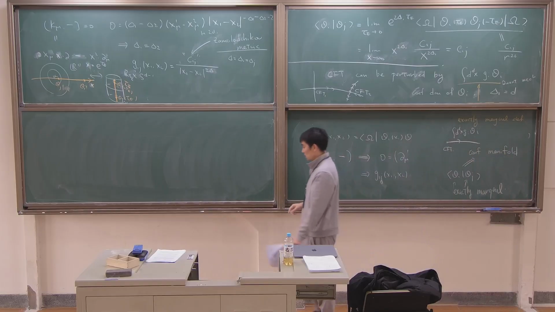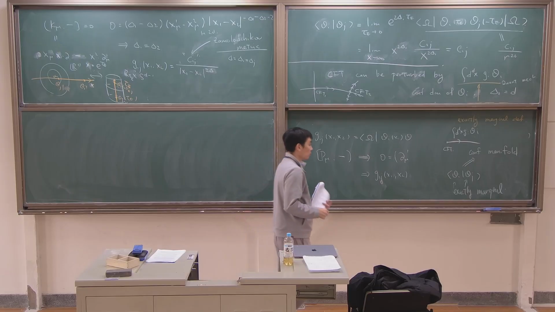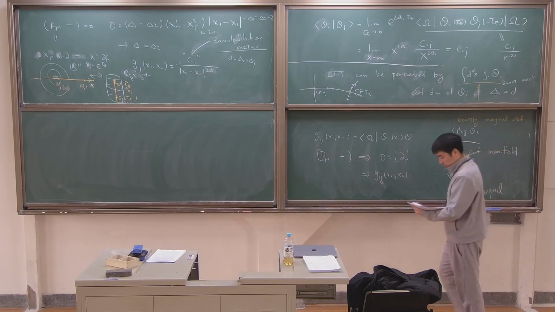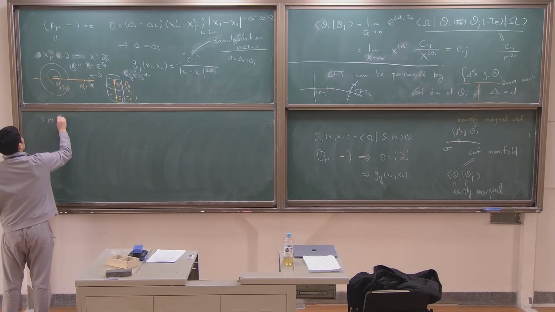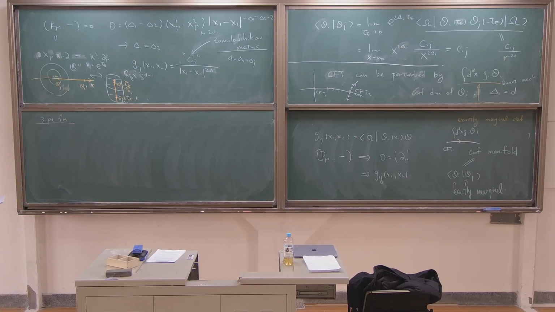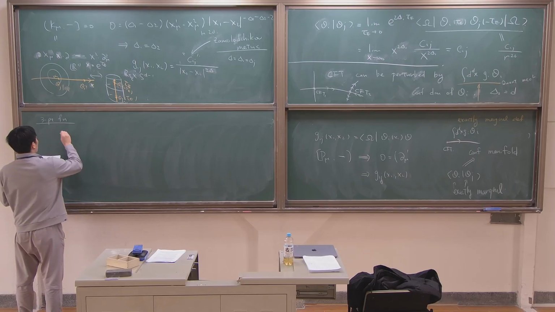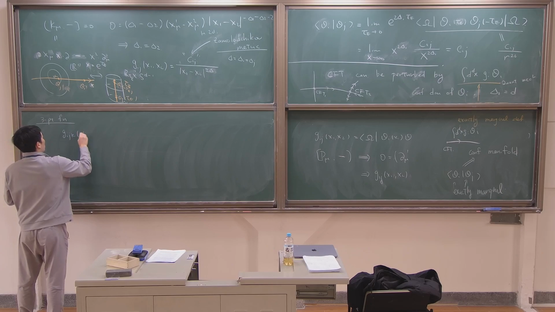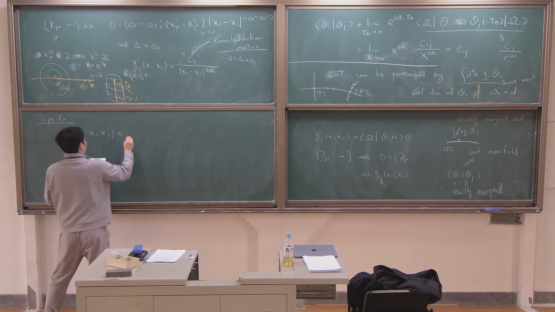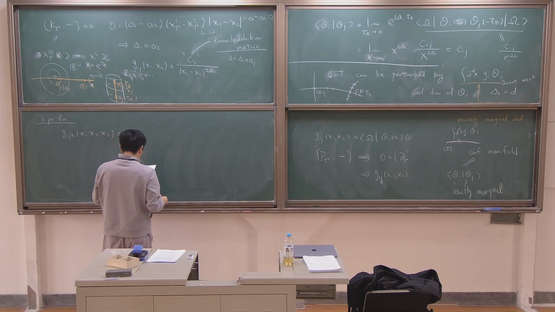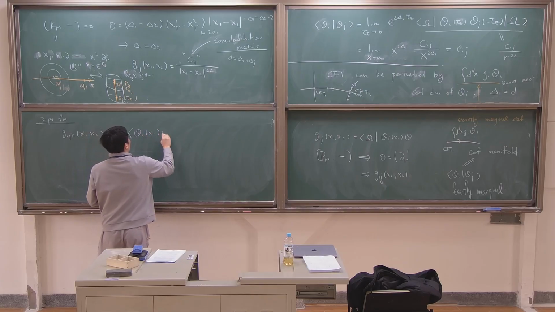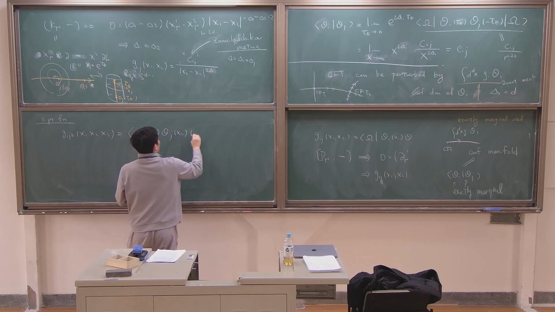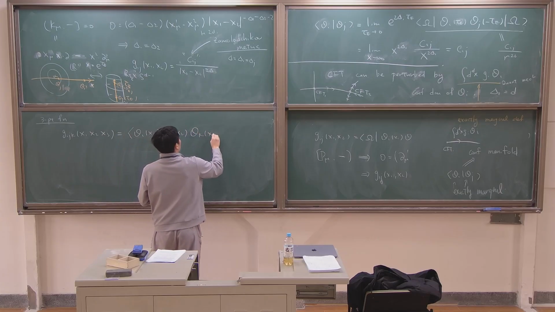Fine. So this is the 2-point function, and after that I will quickly move on to the 3-point function. We just consider G_IJK(x1, x2, x3), which is equal to the correlator of O_I(x1), O_J(x2), O_K(x3).